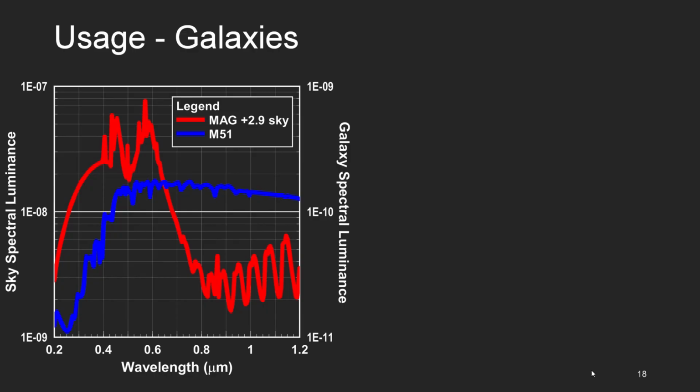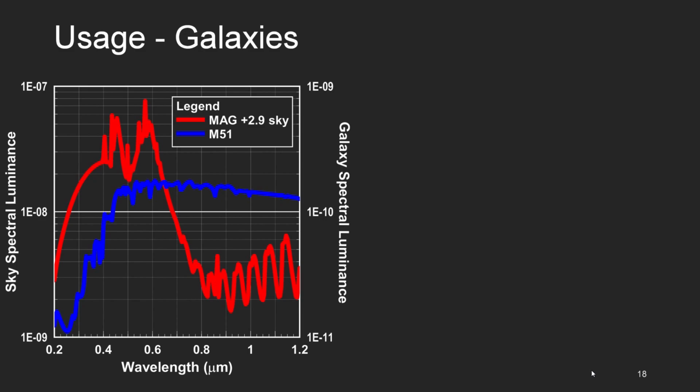To illustrate what I mean, consider this plot that compares, in red, the spectral luminance of an urban night sky, my backyard in central Ottawa, Canada, in fact, compared to that of the galaxy M51 in blue. Note they are plotted against different y-axes.